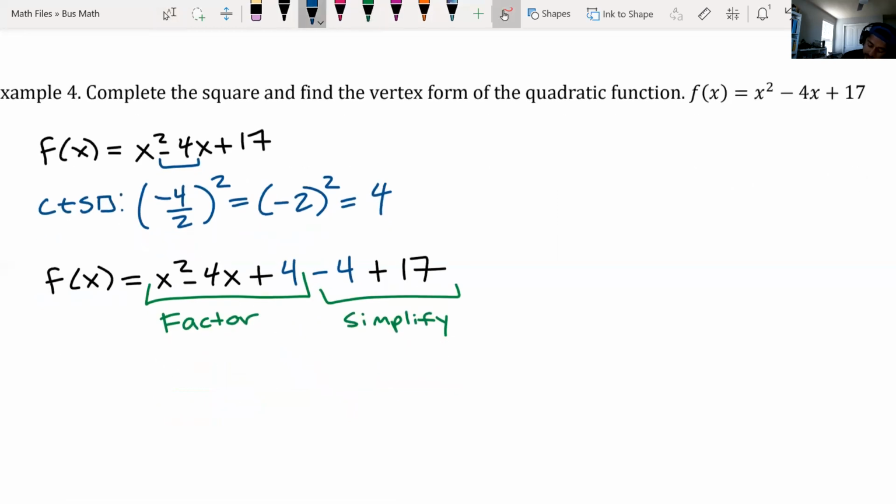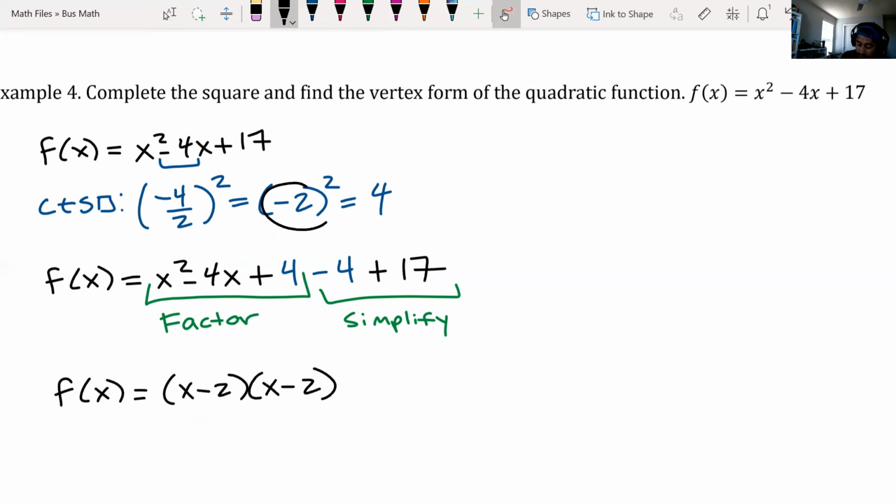Okay, this means that we'll get f of x equals, and that x squared minus 4x plus 4 is going to become x minus 2, x minus 2. And again, if you're wondering how to factor these that fast, you just plug in whatever number you squared. So that's x minus 2, x minus 2.